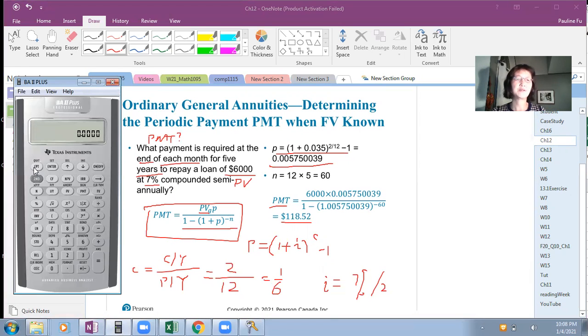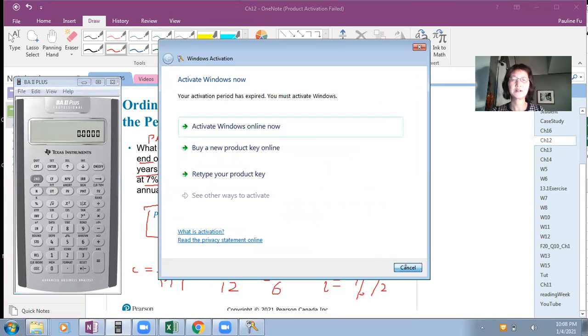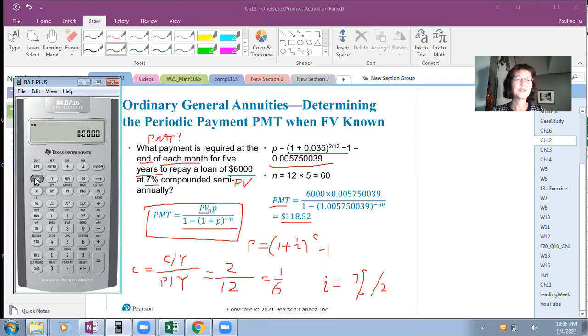Calculator: second, set up PY and CY. So second, PY is 12, enter. Down arrow key, CY is 2, enter. Second quit.